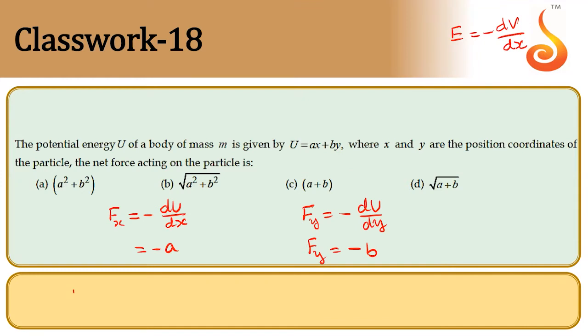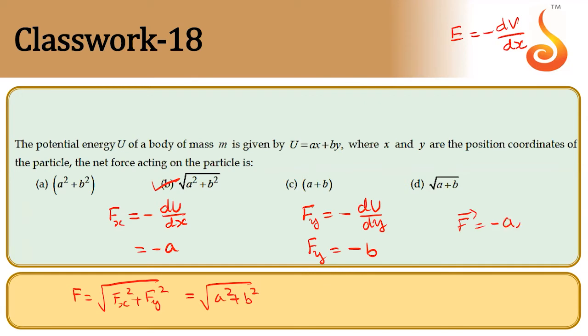So F should be square root of Fx square plus Fy square. That should be root of A square plus B square. That is option B. It is not A plus B, it should be root of A square plus B square. Remember, it is a vector. So net force is what?